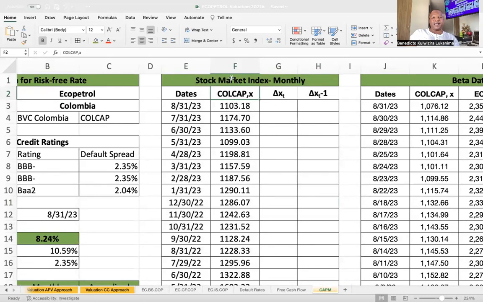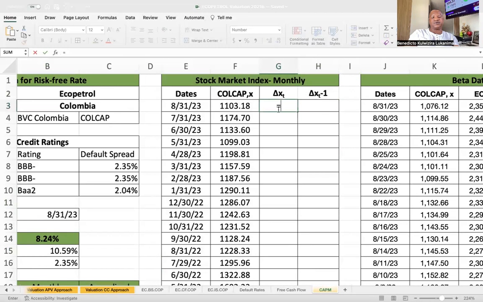So after having the data, I'll calculate the change. A change is a return. That means the current period price minus the previous divided by the previous. So the current in this case is 31st August. So that's the starting point.